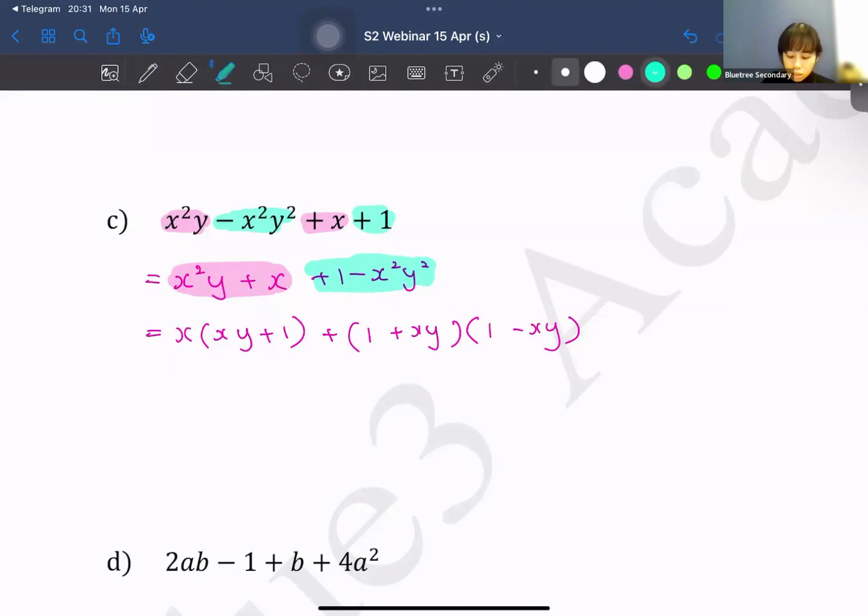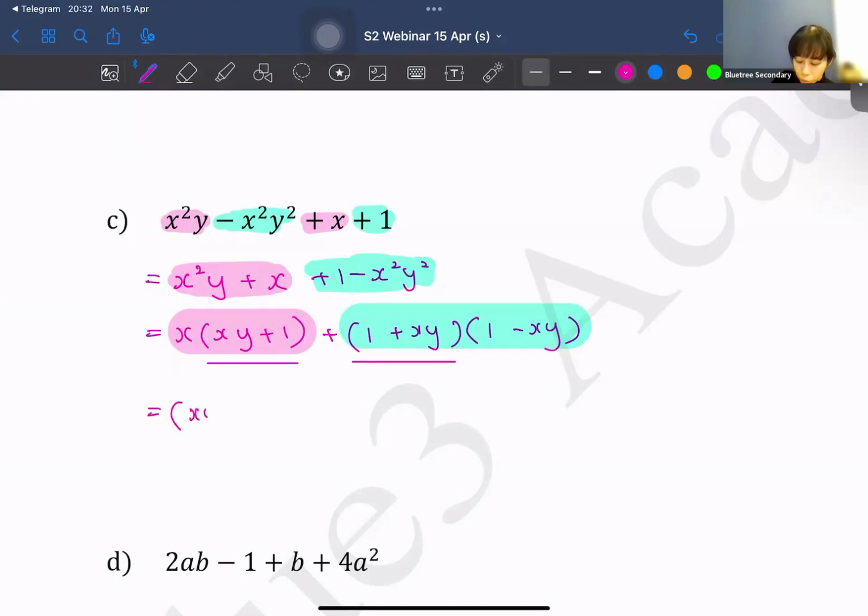So now comparing your 2 groups, there is a common factor between the two groups, and that is going to be this xy plus 1 factor. So I'm going to factorize that factor between both groups. Whatever I'm left with after factorization is going to go into my second bracket.